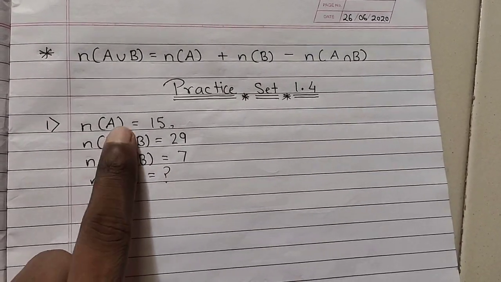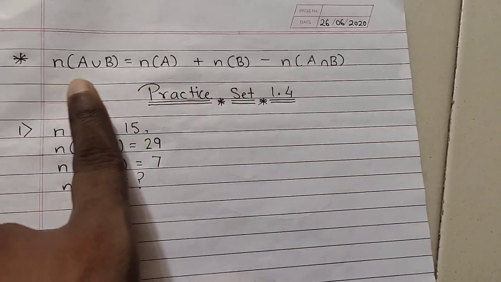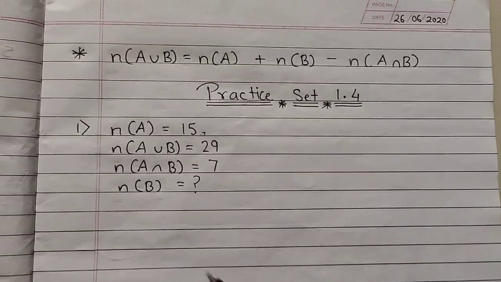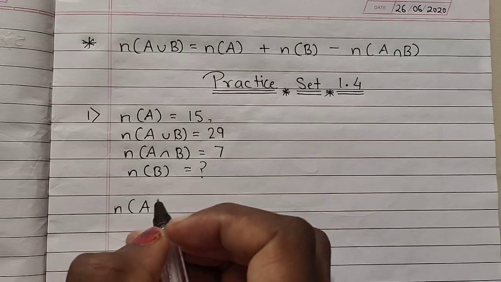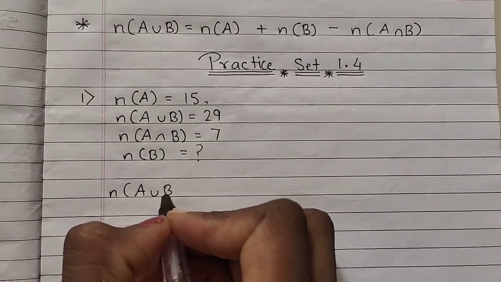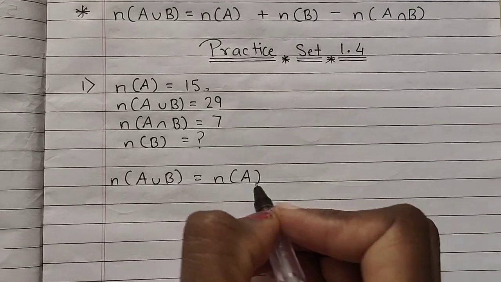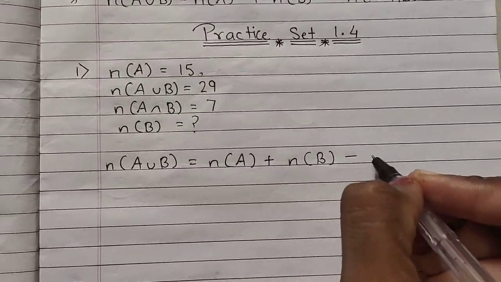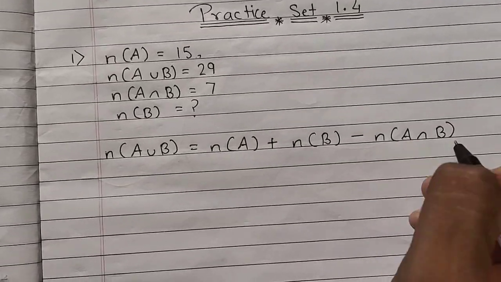So for this purpose we have this formula and we are going to use this formula. Let us see the solution, how to solve this question. First, we are going to write the formula, that is n(A union B) is equal to n(A) plus n(B) minus n(A intersection B).